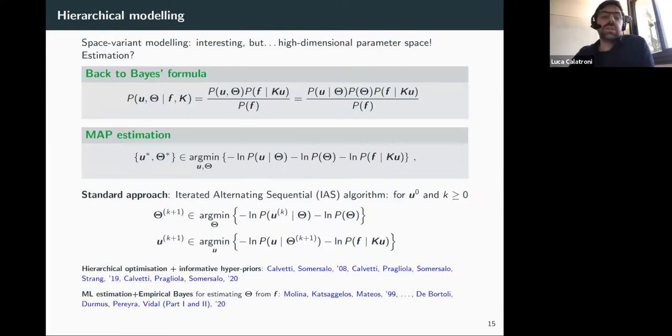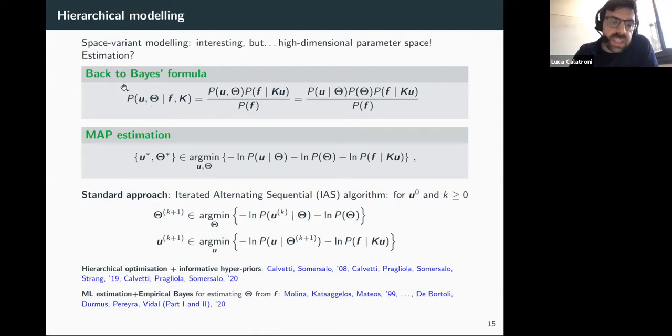If we go back to the Bayes formula that I mentioned in the first slide, we can keep the explicit dependence on these parameters and do one more step by applying the rule of conditional probability. Here we can introduce some prior on the hyperparameters. We will refer to it in the following as hyperprior, which may model some prior belief that we have on their values.